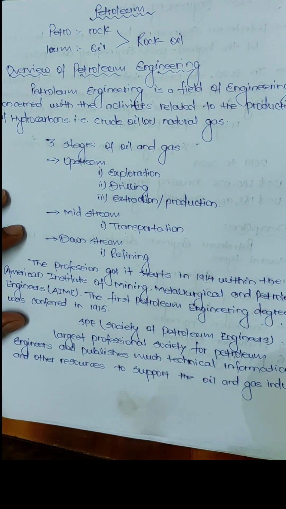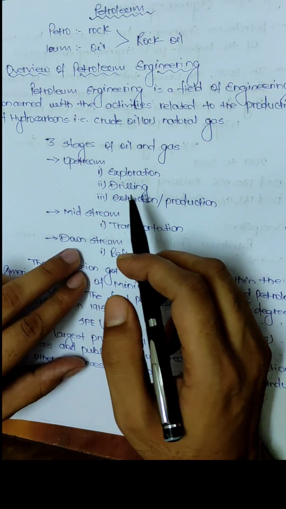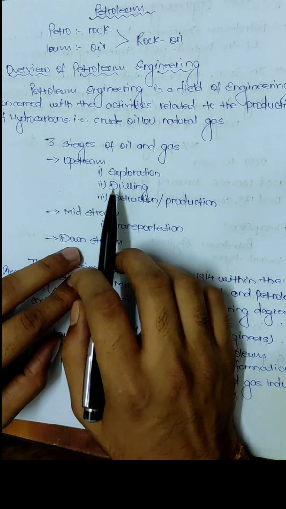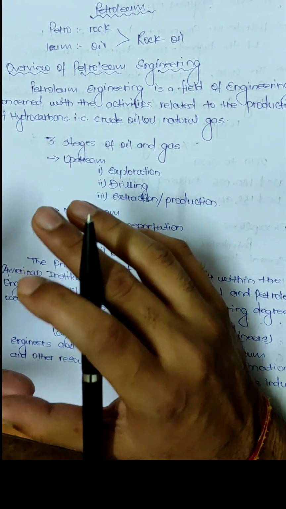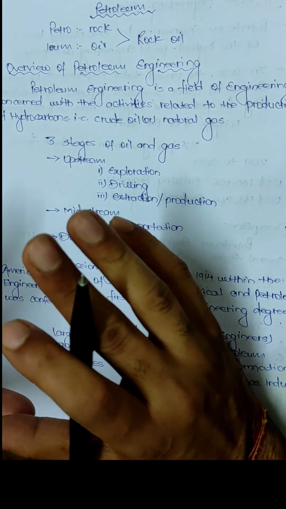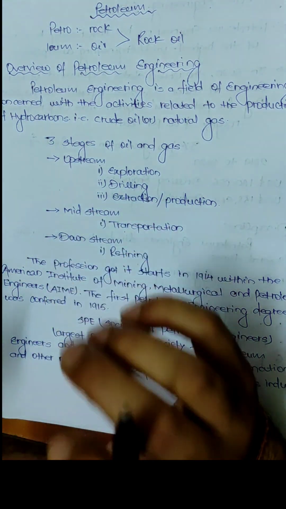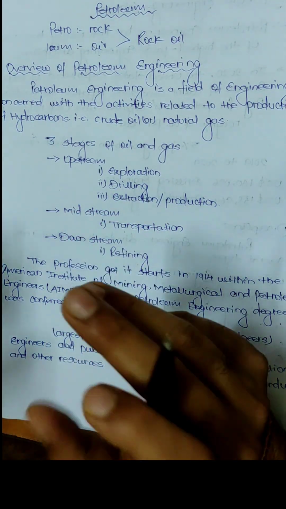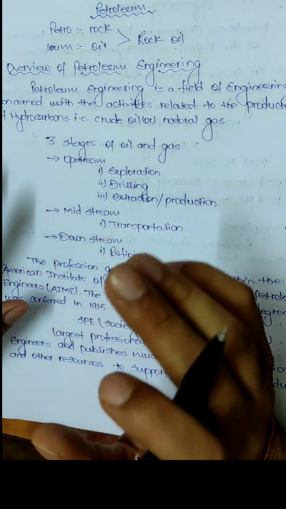Now there are basically three stages in oil and gas: upstream, midstream, and downstream. Upstream is divided into the subcategories of exploration, drilling, and extraction. Before going for drilling, we should know where the petroleum products are present, at which place the petroleum oil or fossil fuels are present. To know that, exploration activities are done.